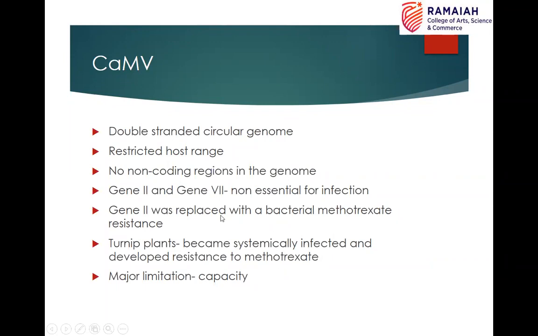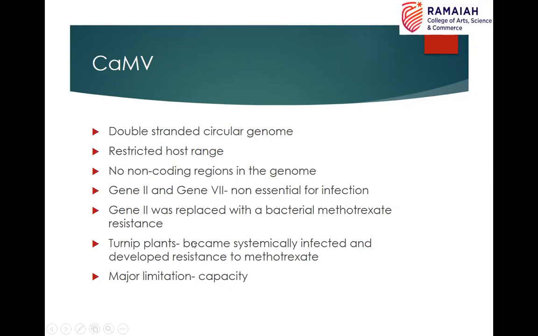That means this approach was found to be successful. Which approach? The non-essential gene 2 was replaced with a gene of interest. Here the gene of interest considered was the bacterial methotrexate resistance gene, and the host plant selected was turnip plant.